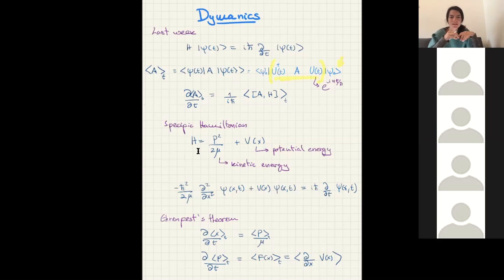And that's Heisenberg's picture. So whenever you see that someone is solving some quantum system and they leave the initial state alone, and what they do is evolve the observables themselves, it's Heisenberg's picture.